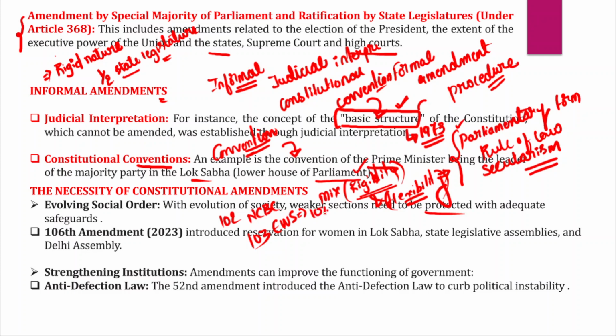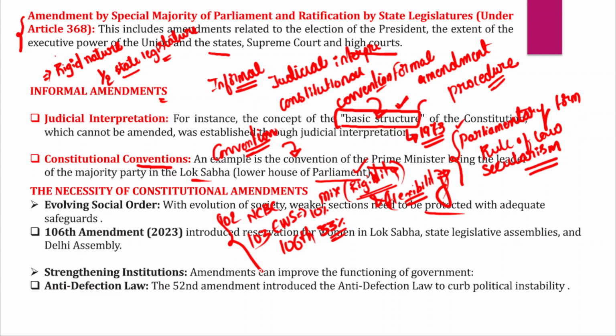And the 106th Constitutional Amendment provided 33% reservation for women in the Lok Sabha and the state legislative assemblies. So it is important to protect the interests of the weaker sections. But constitutional amendment is not just for the interests of the weaker sections. There are several reasons because of which the constitution has to be amended regularly.